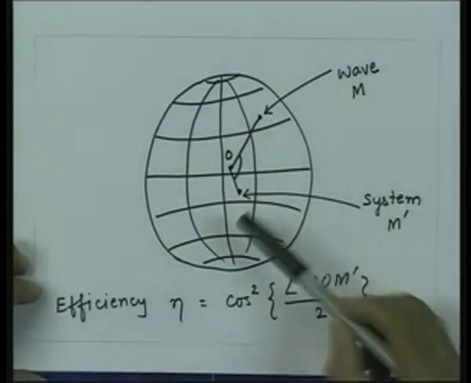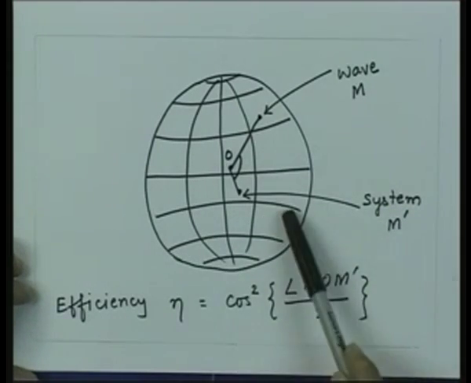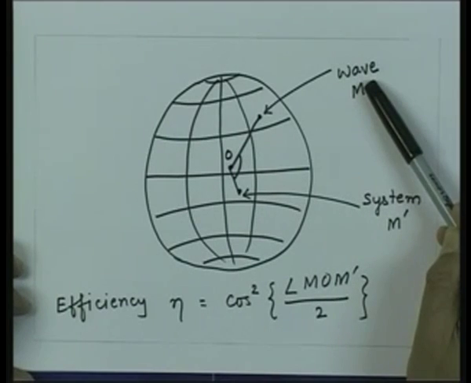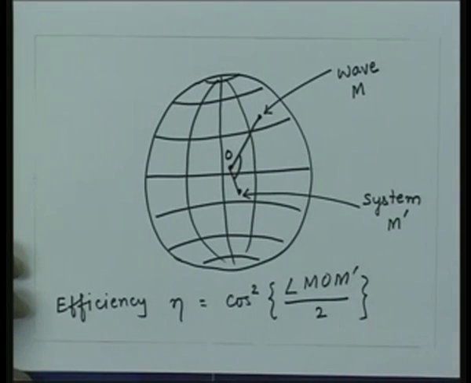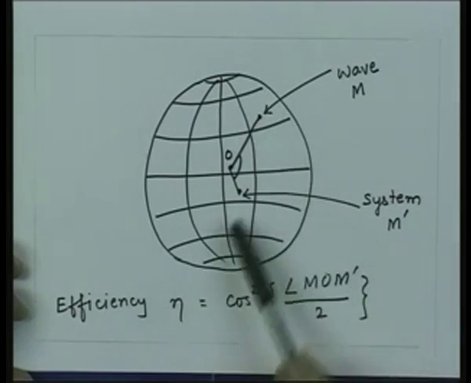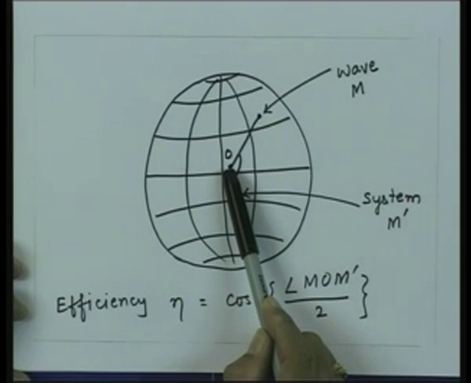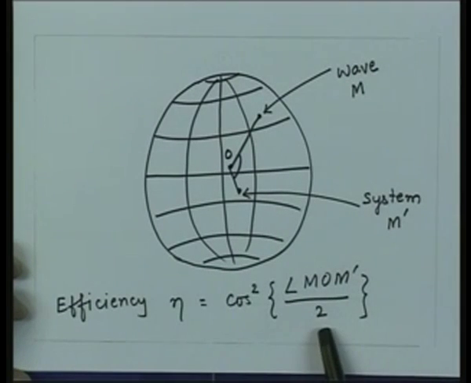So, the Poincare sphere can also be used to find the interaction efficiency between the wave and a system. If I just mark these 2 states of polarization on the Poincare sphere, find the angle which they subtend at the center of the sphere, half of that angle, cosine square, that quantity is called the efficiency of exchange of power between the wave and the system.